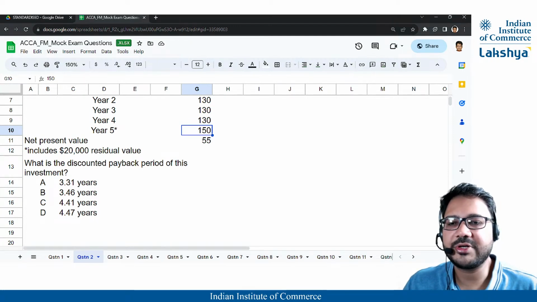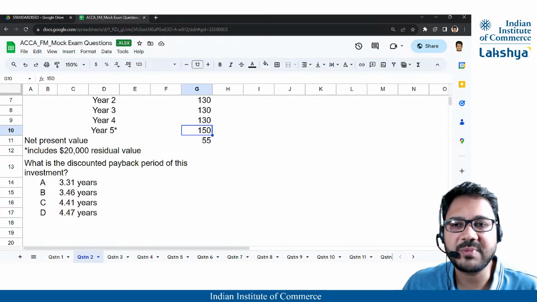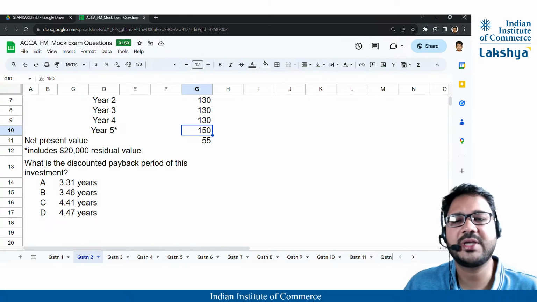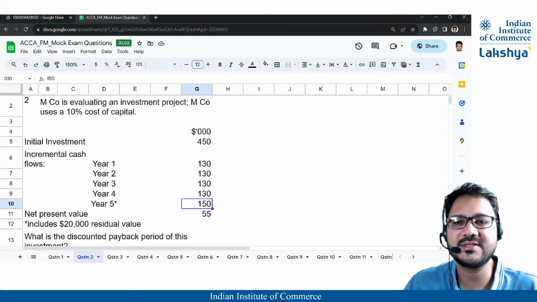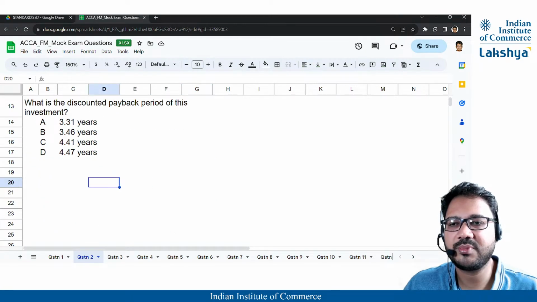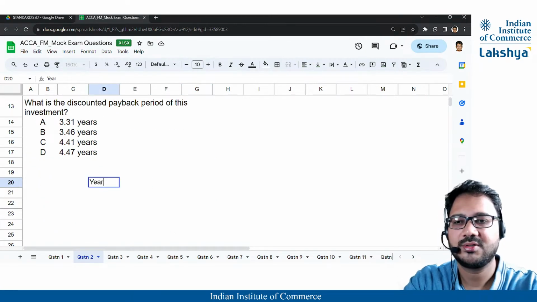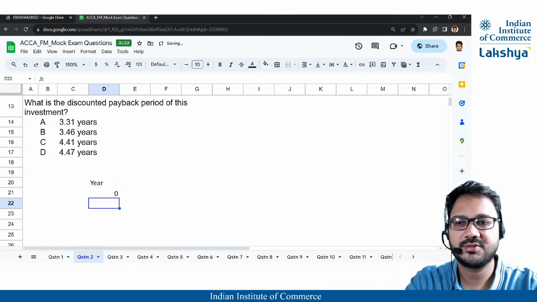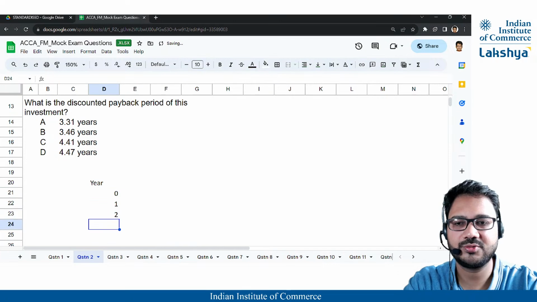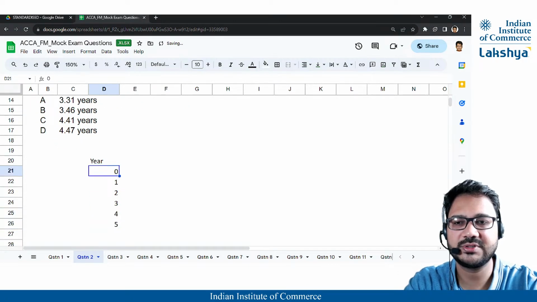So what is the discounted payback period of this investment? Now they want a discounted payback period. So payback period is when the project breaks even. So that's exactly zero cash flow. So let's quickly just plot one. So here we have 0 plus 1, 2, 3, 4, and 5 years.